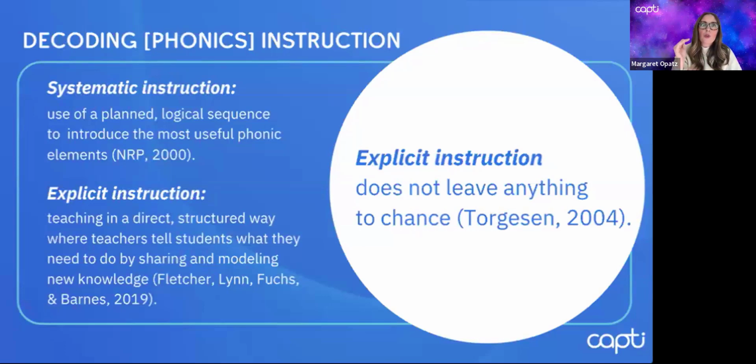And this means that you're working through a sequence of materials so that you know that students are getting access to all of the various spelling patterns or the various vowel types so that students really can develop their skills over time. And then it also needs to be explicit. So when we think about explicit instruction, I love what Joe Torgesen said here. It does not leave anything to chance.